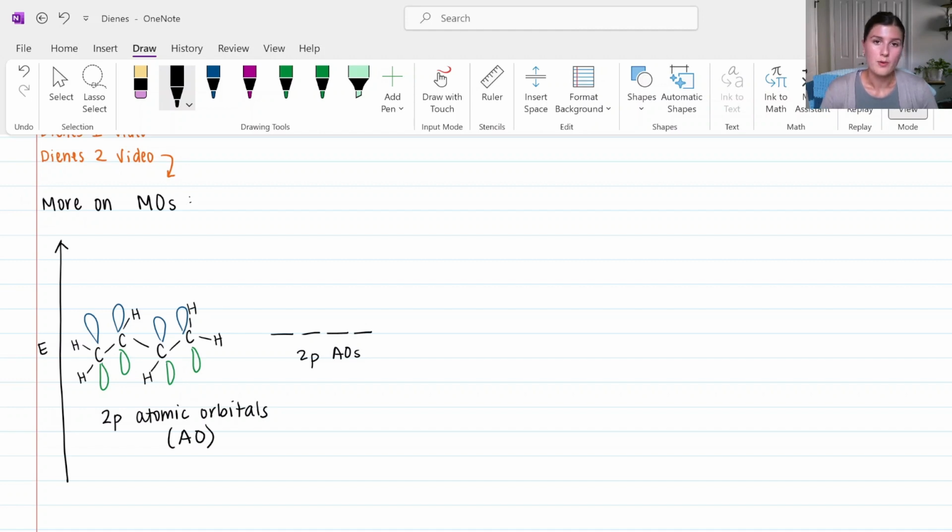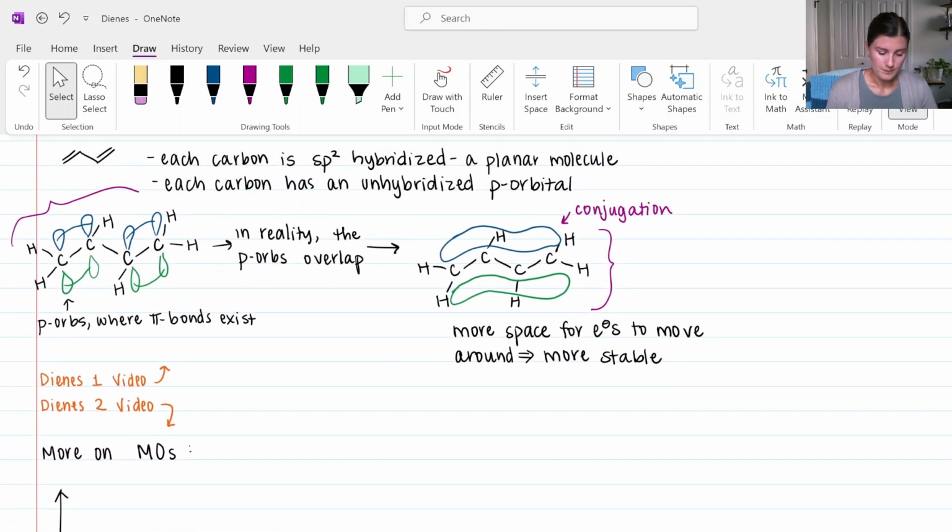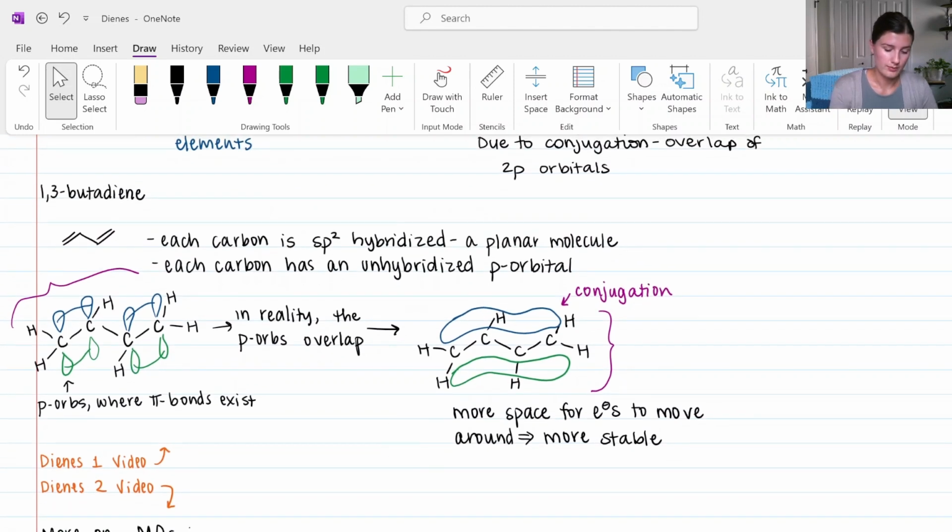Now, thinking about the number of electrons in the p orbitals, it might be helpful to look back at the skeletal structure. So I'll highlight that in green here. Now we're only thinking about the electrons in p orbitals.